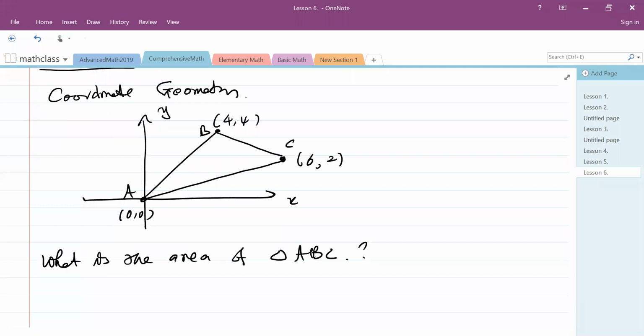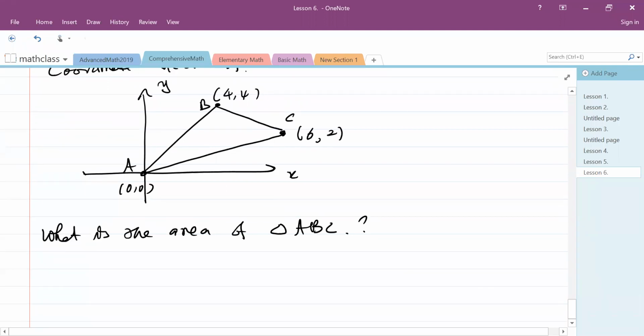We know two formulas for the area of a triangle. It's height times the base. That's the simplest formula, but it's not very useful in some cases. So area is half of base times height. Everybody knows that.